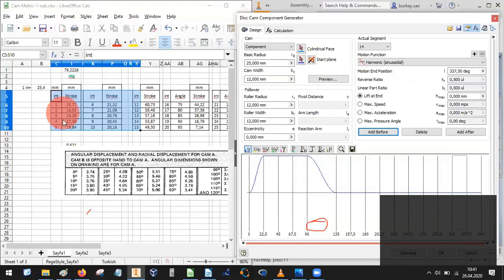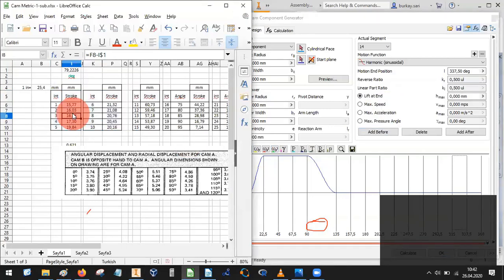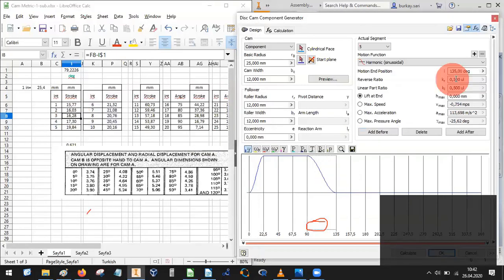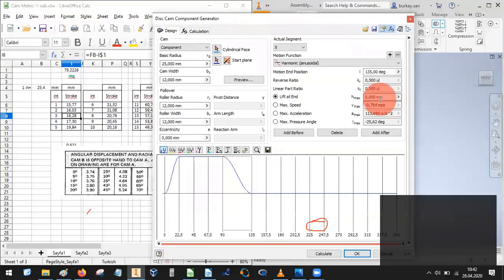We will arrange our segment heights, the lift points, by using the table. We will first create the segments, and we are going to arrange those segments by giving the entries here. Also, we are going to make the angle adjustments.